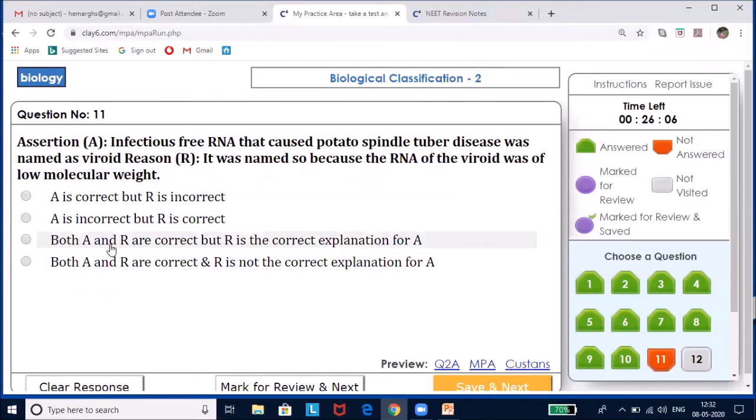A and R. A and R, okay. But R is not correct. Why it was named viroid, it is correct. But RNA of the viroid was of low molecular weight is wrong.